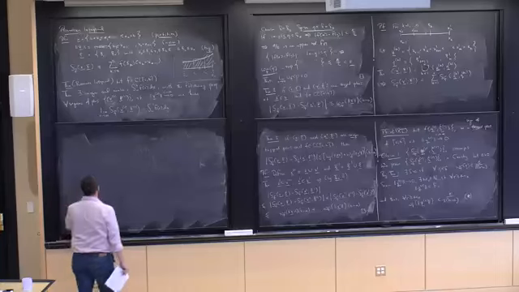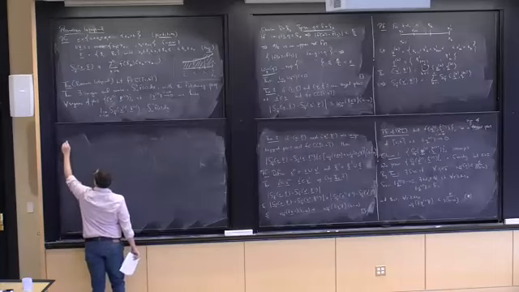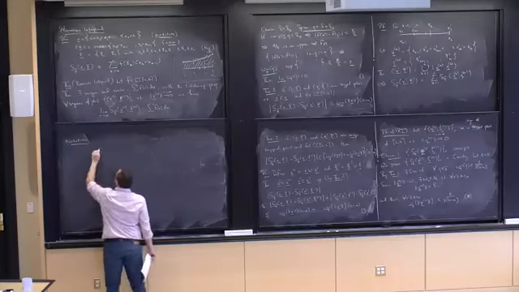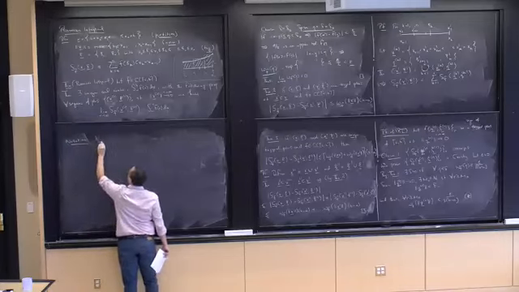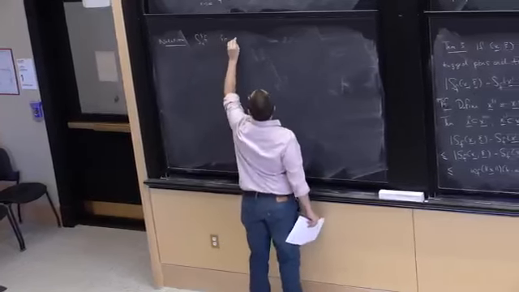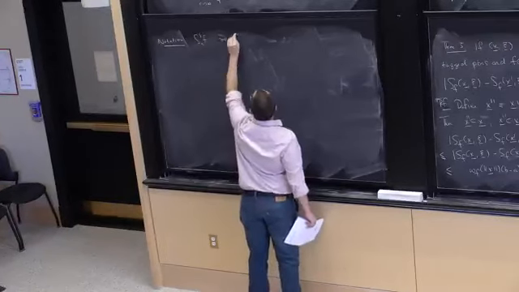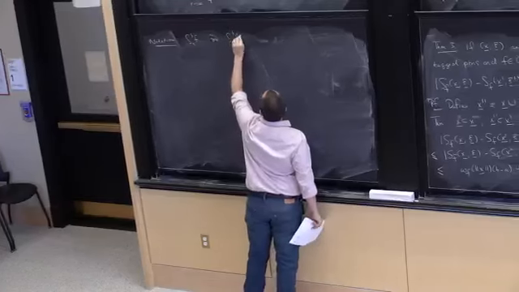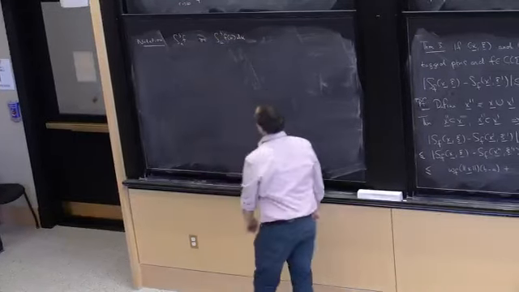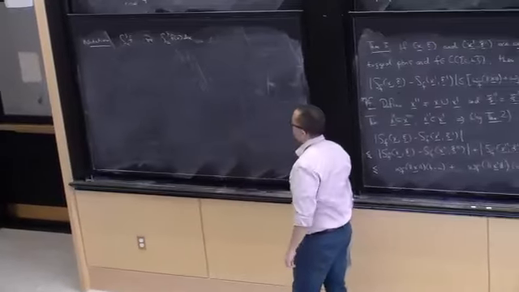So I'm often going to denote, if you like, this is some alternative notation I'll use. Instead of writing f of x dx, I may just write integral ab f, okay?